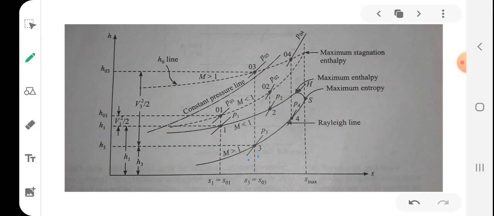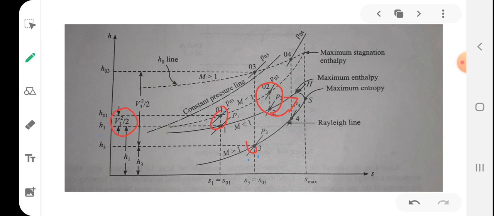And you can see the velocity value here, V1 square by 2, this difference. This V1 square by 2 will be increasing when you go towards V2 square by 2, right? V2 square by 2, and the velocity continues to increase when you move towards the right.